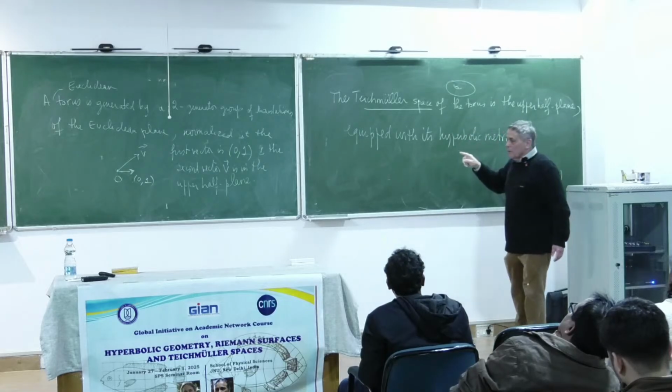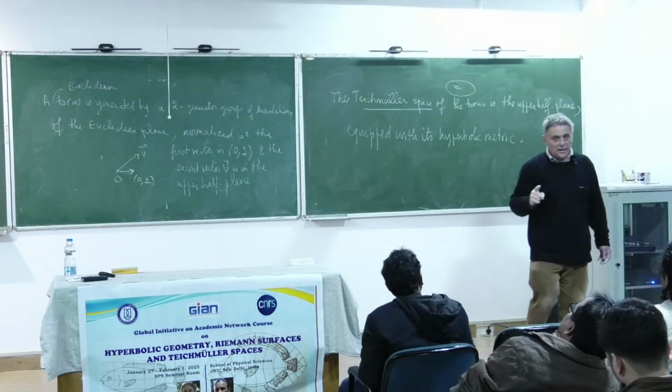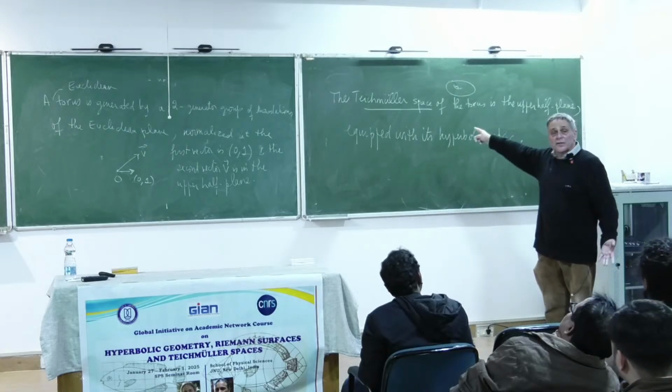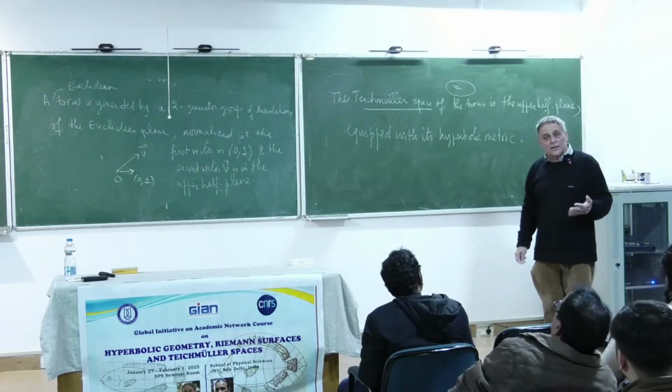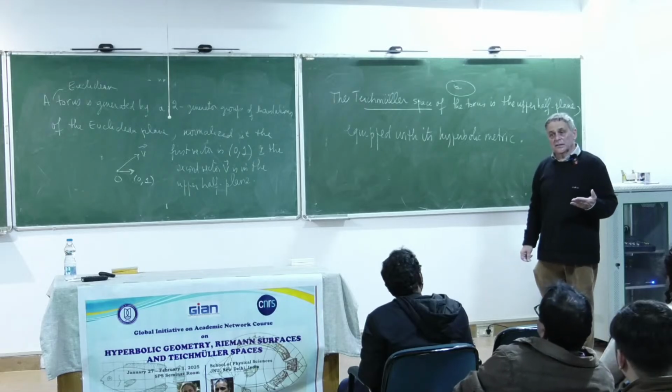So why am I talking about a metric here? Because I talked about Teichmüller space. I told you that this is a space, but I didn't tell you that it is a metric space.